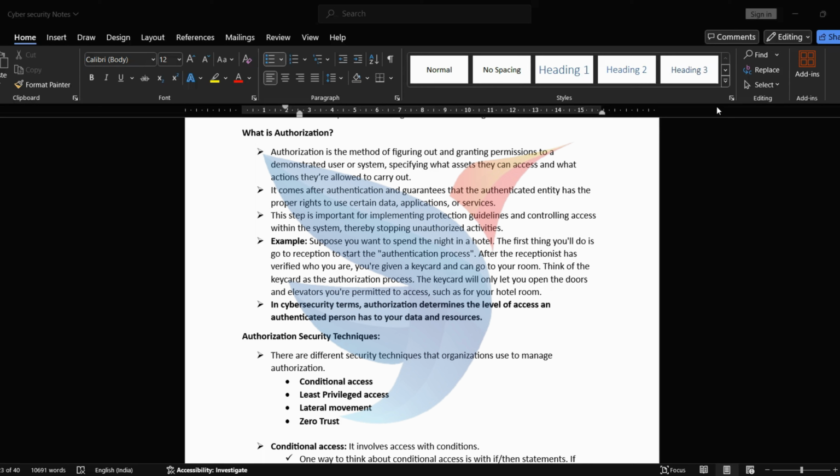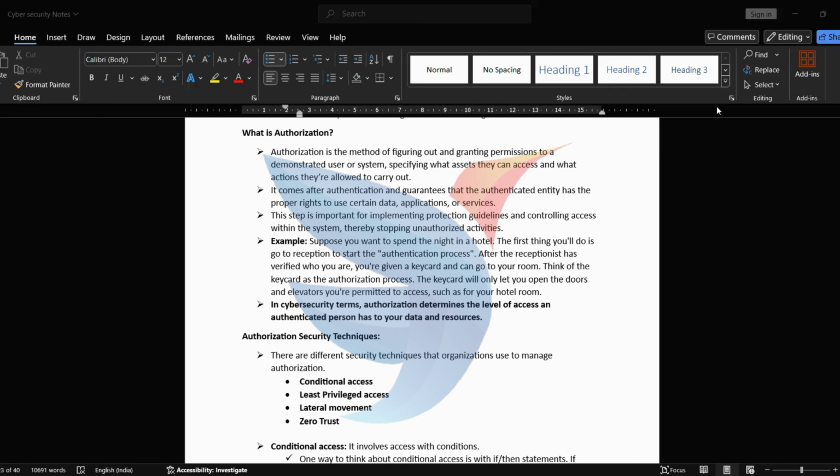It comes after authentication and guarantees that the authenticated entity has the proper rights to use certain data, applications, or services. This step is important for implementing protection guidelines and controlling access within the system, thereby stopping unauthorized activities.